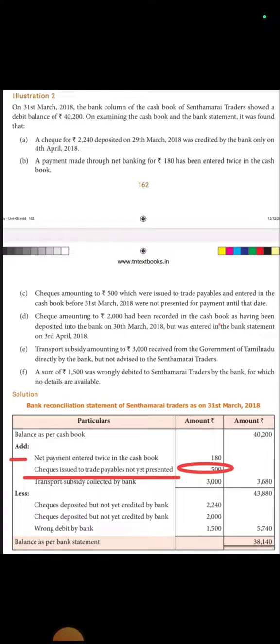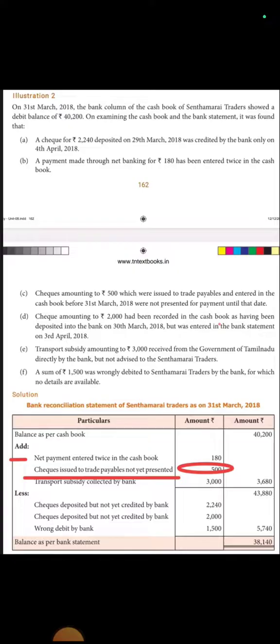If that check was presented before 31st March 2018, our bank account would automatically be decreased by 500 rupees. But that check was not presented until 31st March 2018. Our bank account still remains the same.